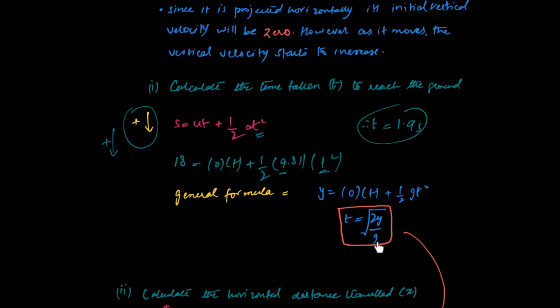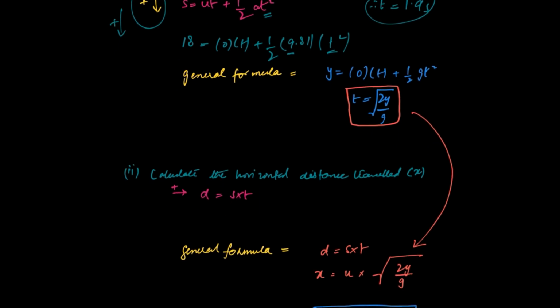Making t the subject, we get this general formula, that is total time taken to reach the ground is equal to the square root of 2 times the displacement divided by the acceleration due to gravity, that is 9.81.